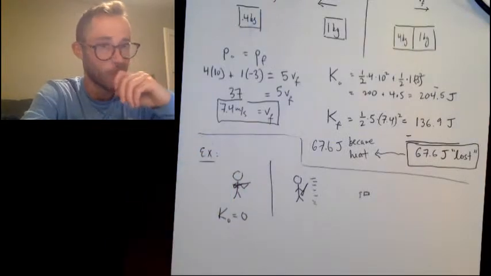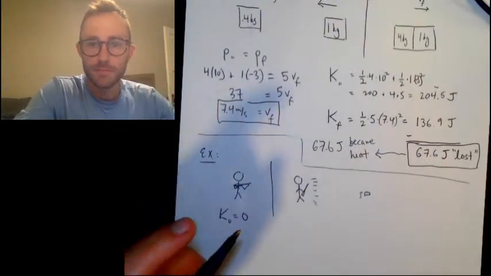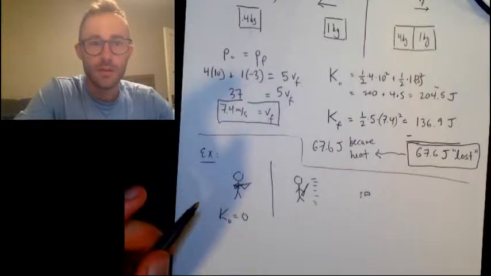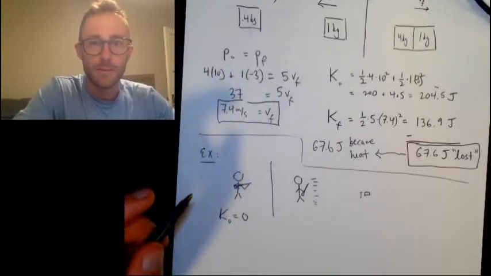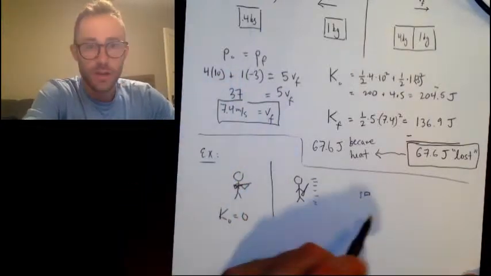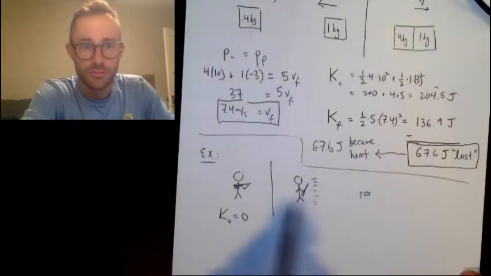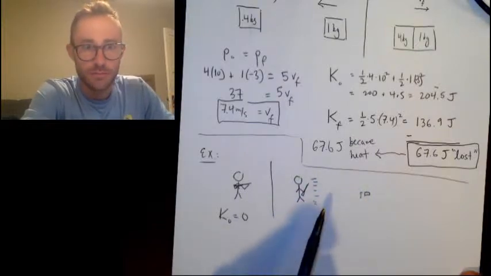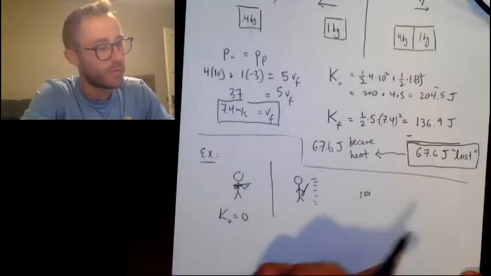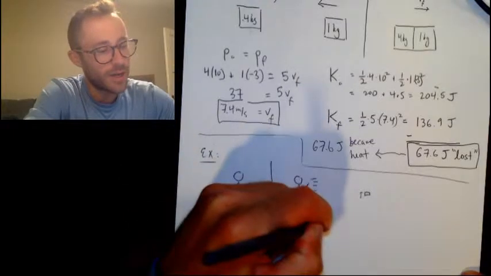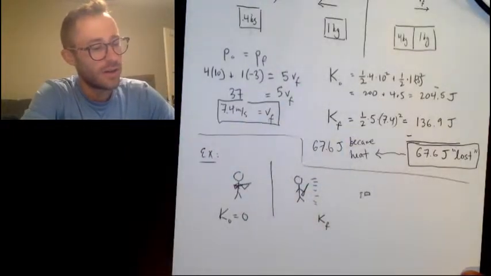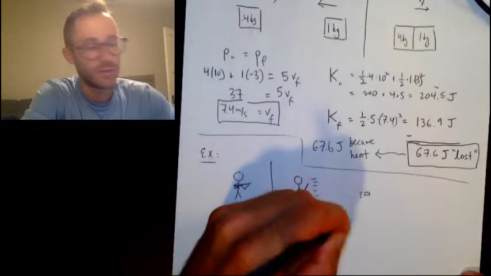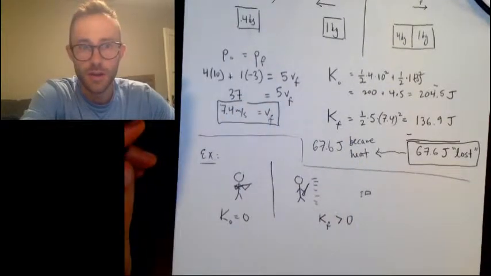However, if we look at it, we have motion after this rifle bullet is fired. And so afterwards, we have a kinetic energy that is greater than 0. It's not 0 anymore. Okay?